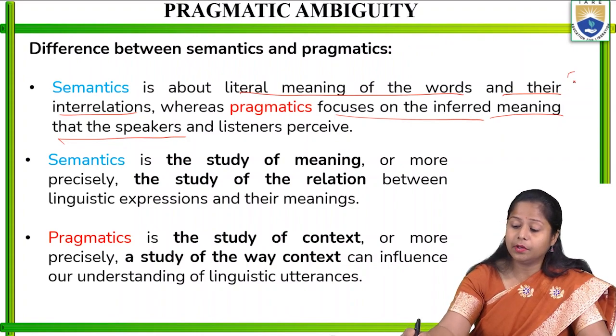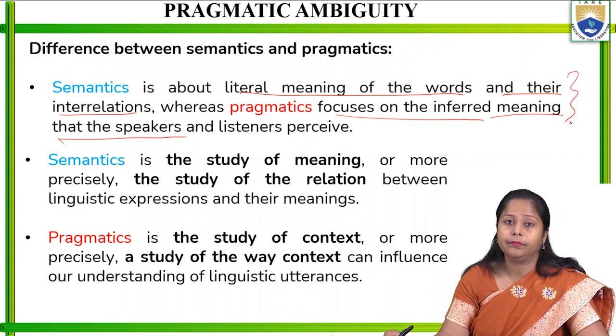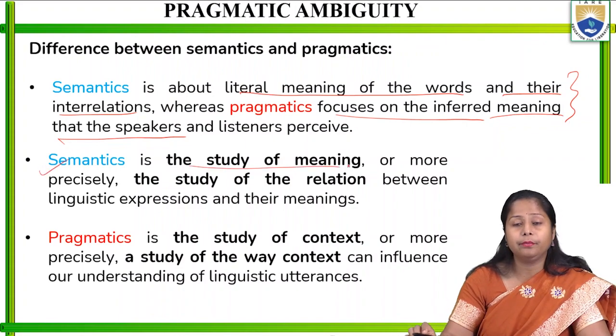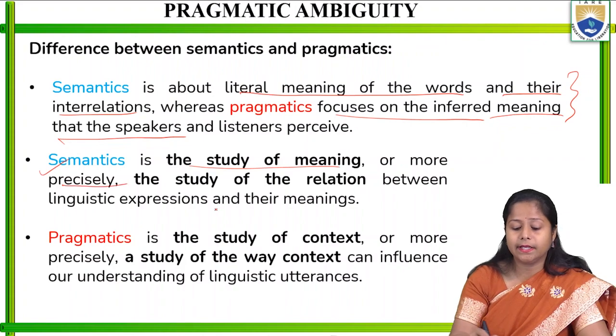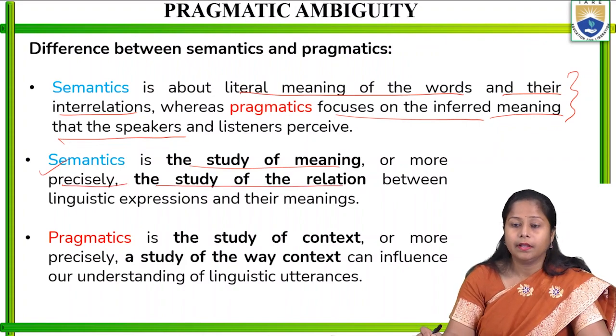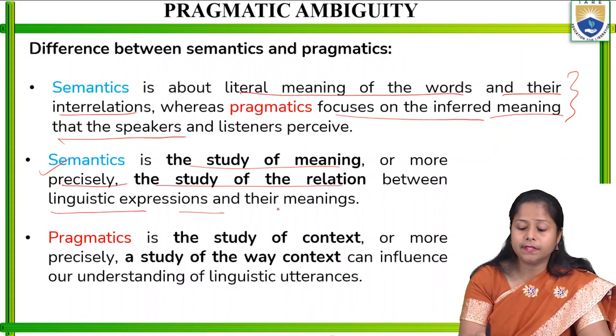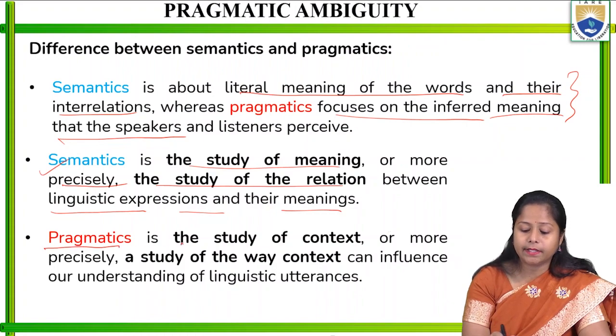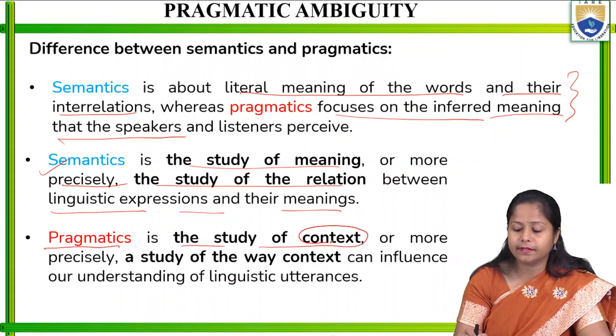So that is totally different from each other. Let's see one more difference. Semantics is the study of meaning, more precisely the study of the relation between linguistic expressions and their meanings. Now, pragmatics is the study of context, right?